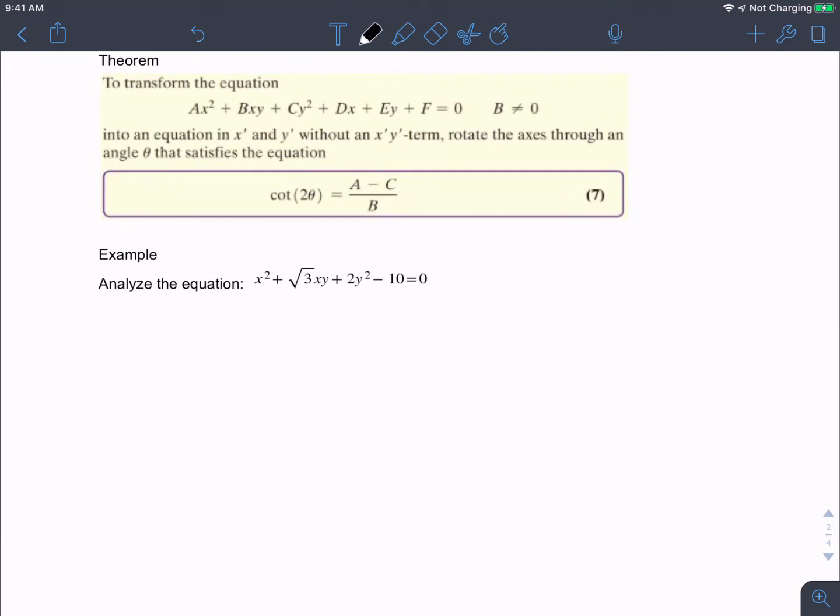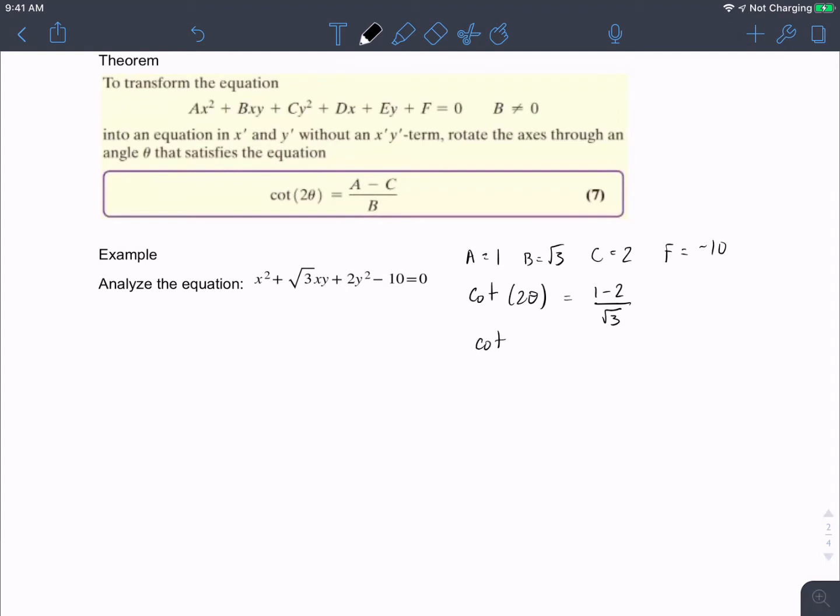So let's label some points. So A is going to be 1, B will be radical 3, C is going to be 2, our F is going to be a negative 10. And so what we're going to end up doing is seeing if we can solve this thing. And so cotangent of 2 theta is going to be equal to (1 minus 2) over radical 3.